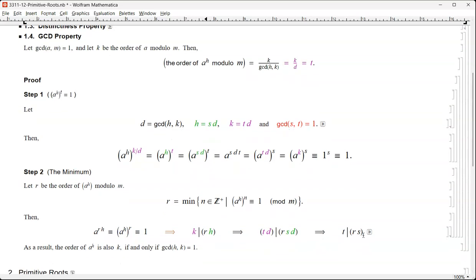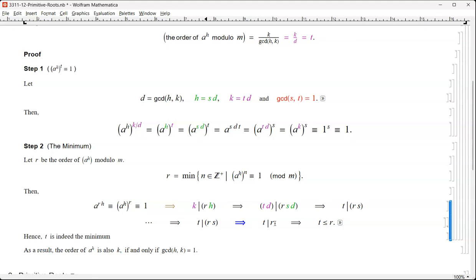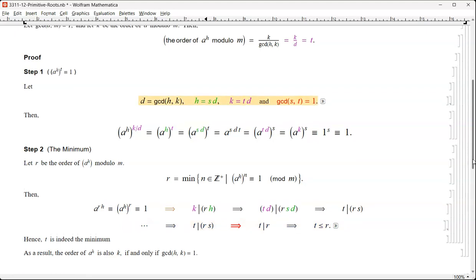Dividing by D, we have T dividing R times S. Now, please recall T and S are relatively prime. So Euclid's lemma applies. So we have T divides R. Actually, this should have been red. I just used red over there. So T divides R.